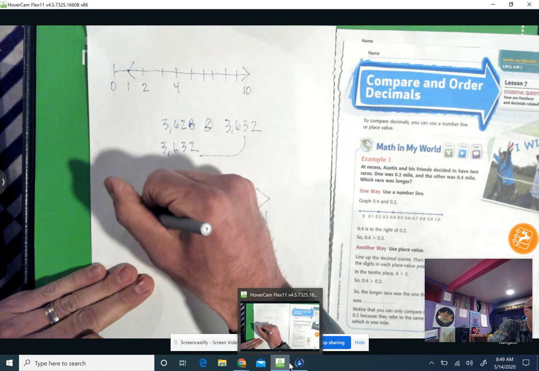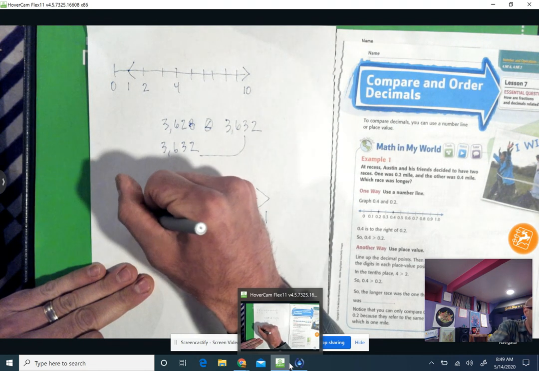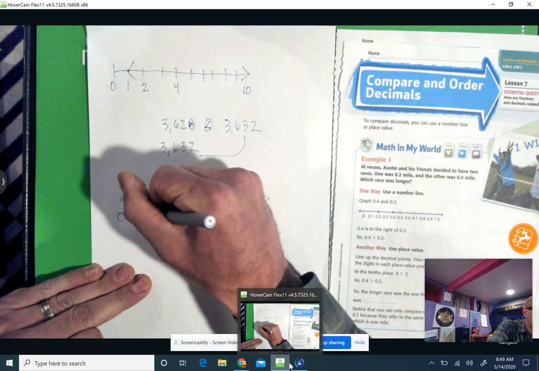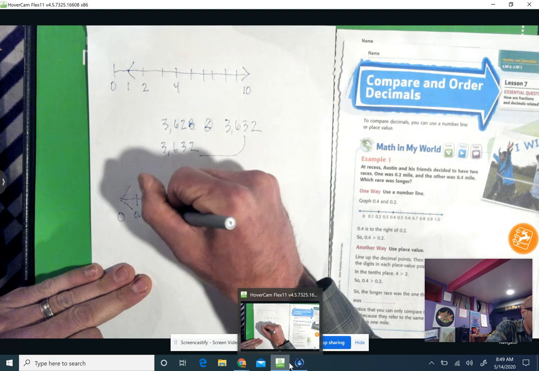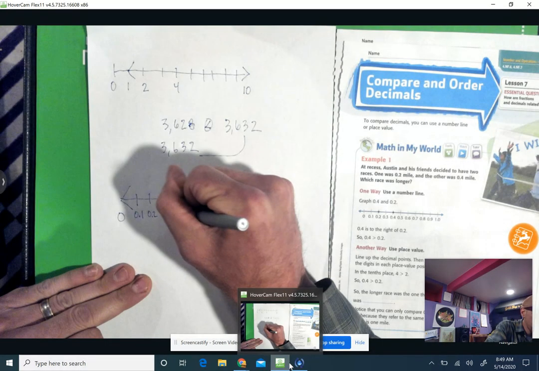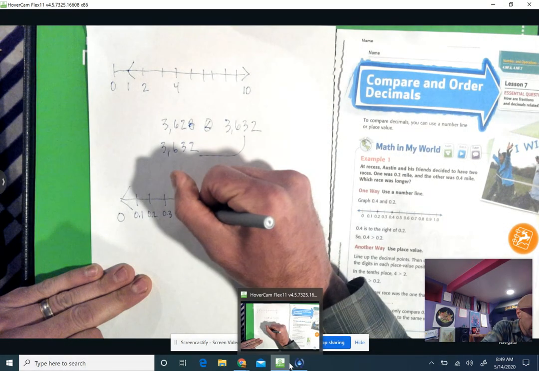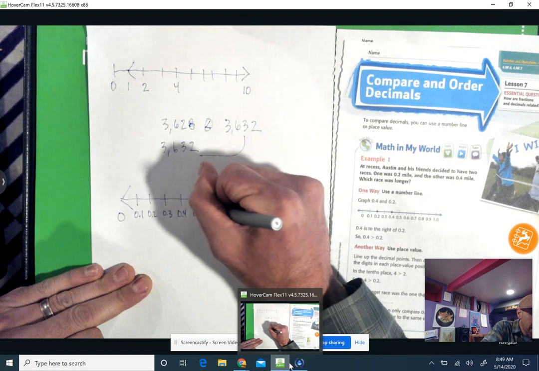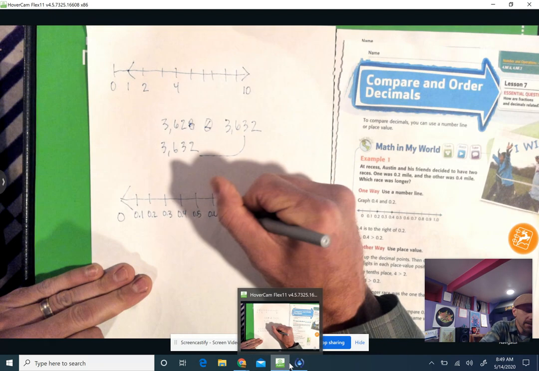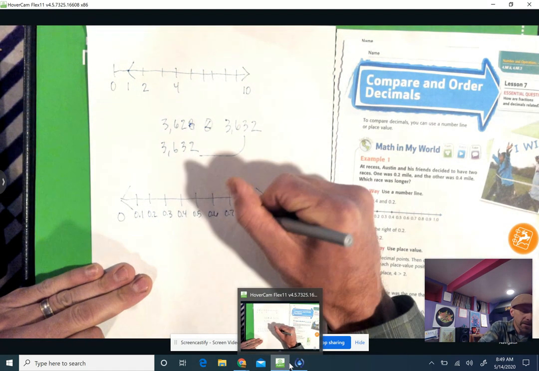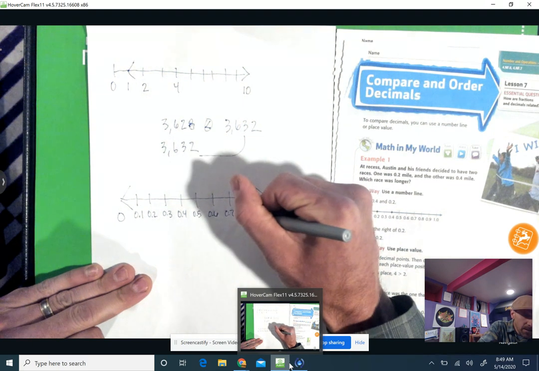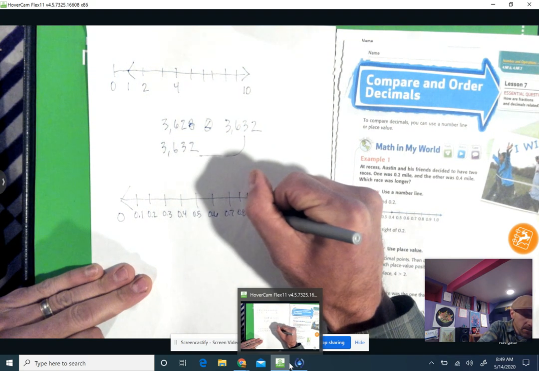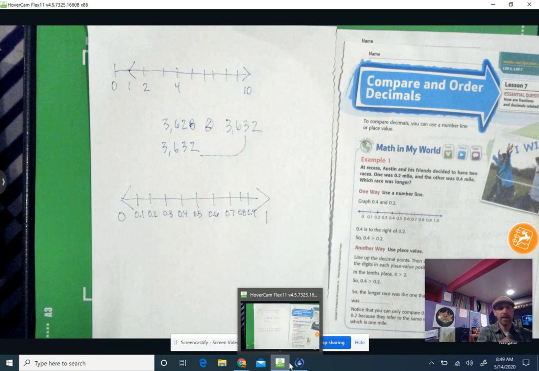So we have, just real quick, 0.1, 0.2, 0.3, 0.4, 0.5, 0.6, 0.7, 0.8, and 0.9, and then comes 1.